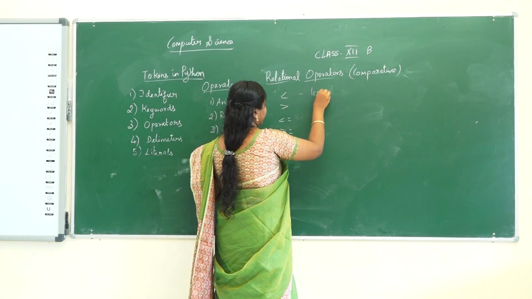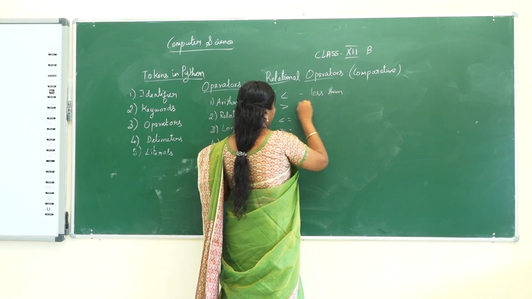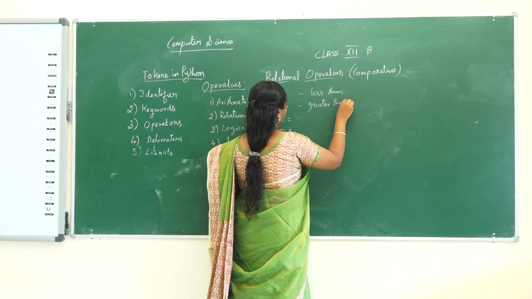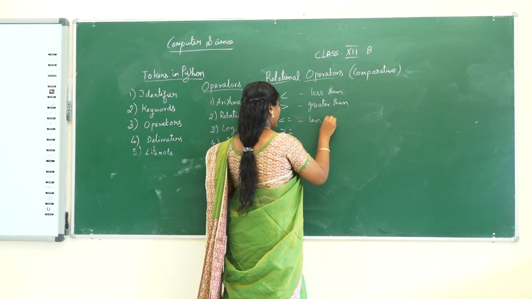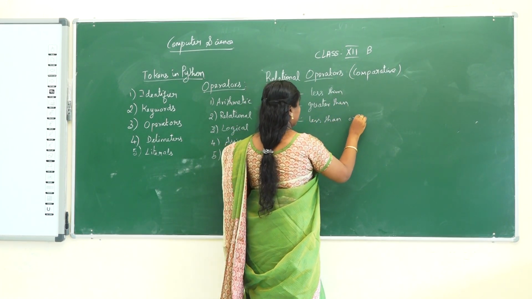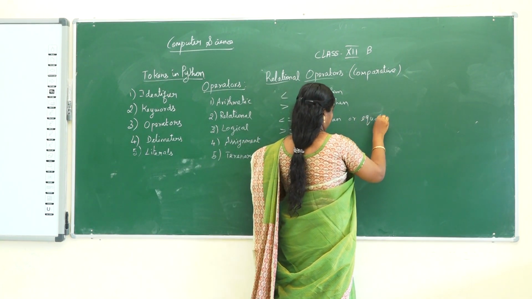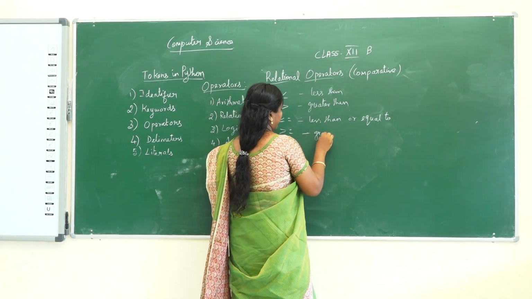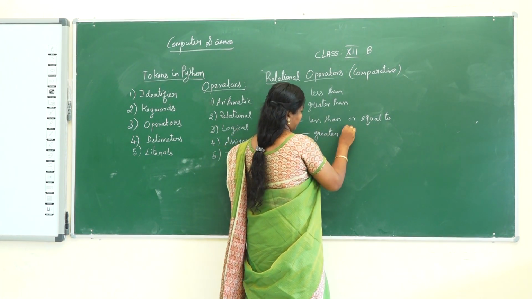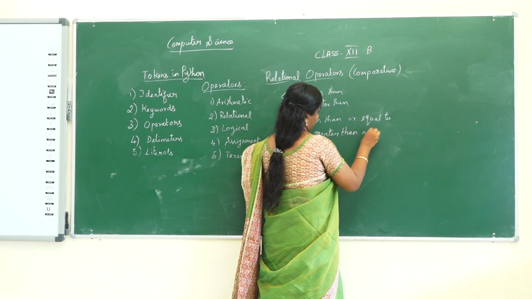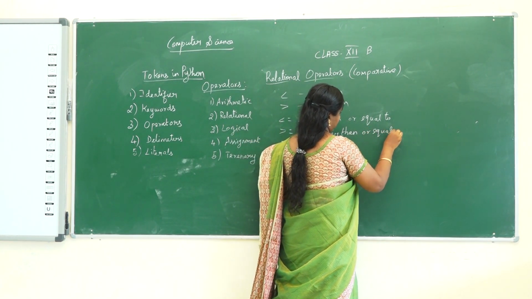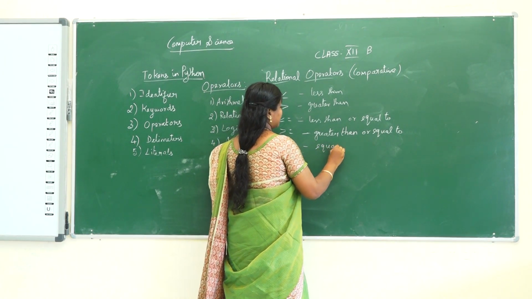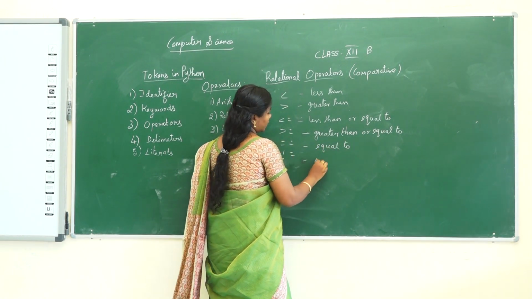So you know the description: less than, greater than, less than or equal to, and this one will be greater than or equal to, and this is equal to, and the last one not equal to.